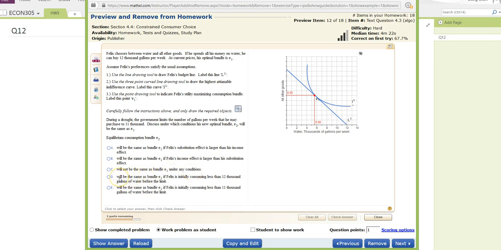Choice D: will be the same as bundle E1 if Felix is initially consuming less than 12,000 gallons of water before the limit.